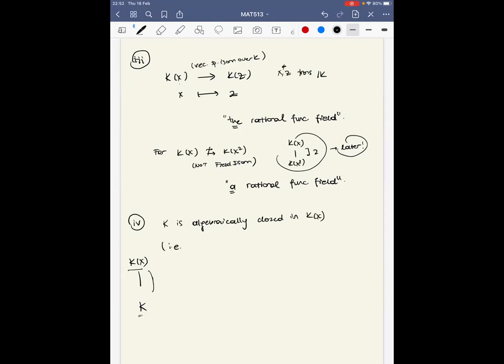That means any element in a rational function field which is algebraic over K also lies in K. And its proof will be one of your homework in the following weeks.